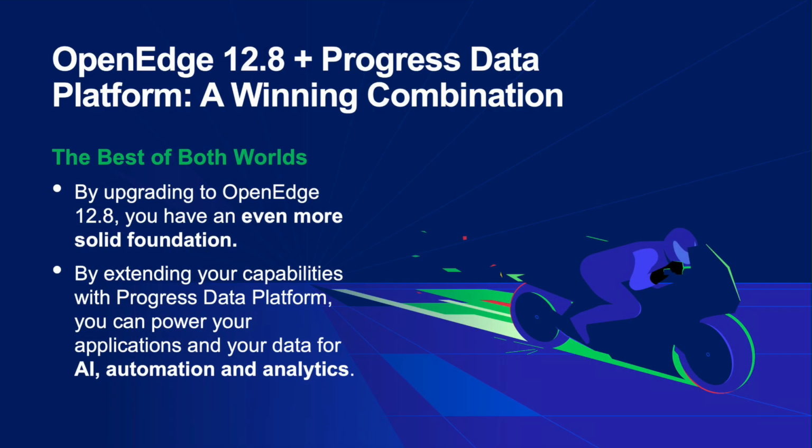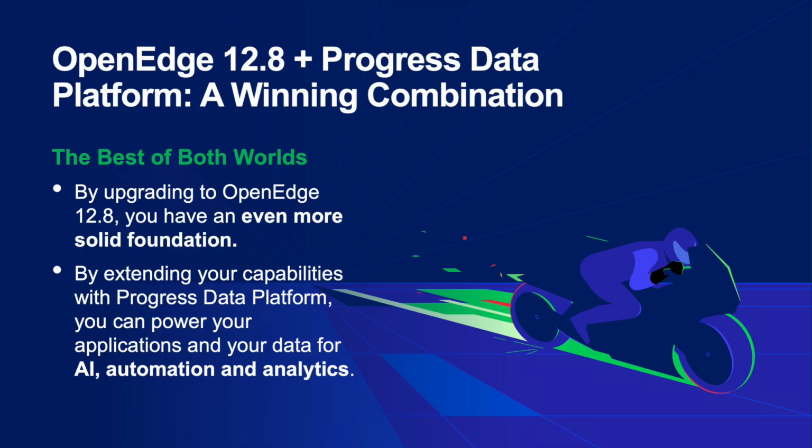To get started, there are two paths that an OpenEdge user or partner should follow. The first one is to upgrade to OpenEdge 12.8. You're building on a solid foundation, keeping your applications more robust, reliable, secure, and ready for the future. The other step is to extend your capabilities with the Progress Data Platform.